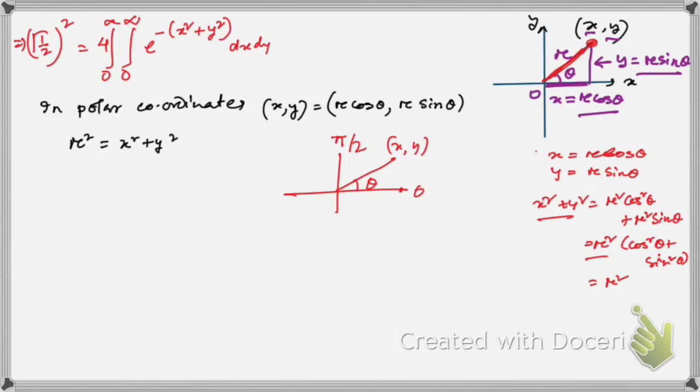And one more thing, this radius r, this length, can change from 0 to infinity, right? So we're going to keep one integral. Let me show you how to do that.